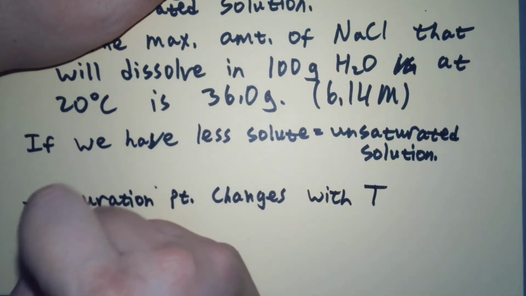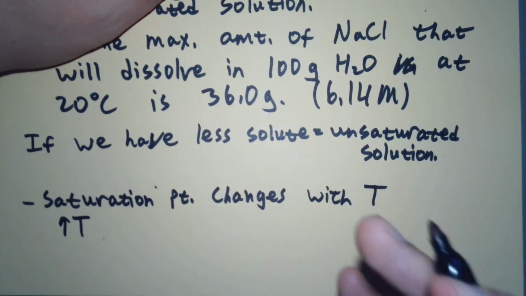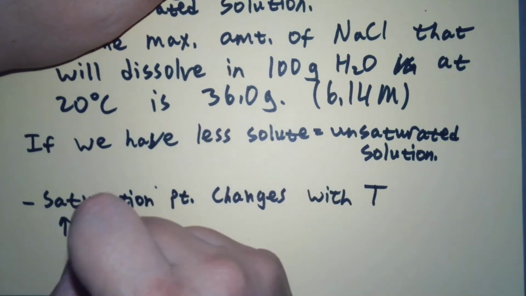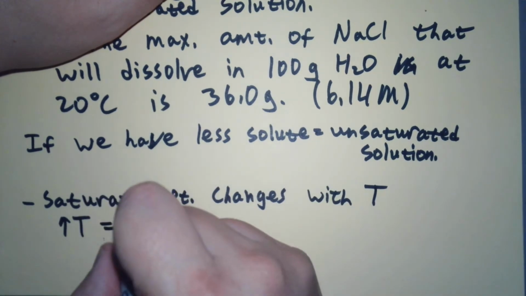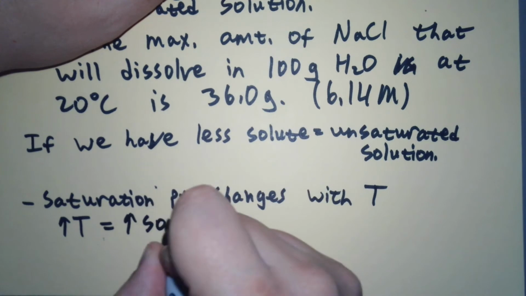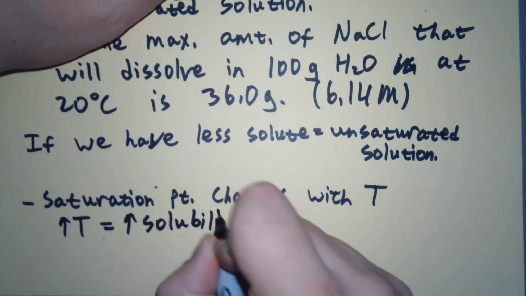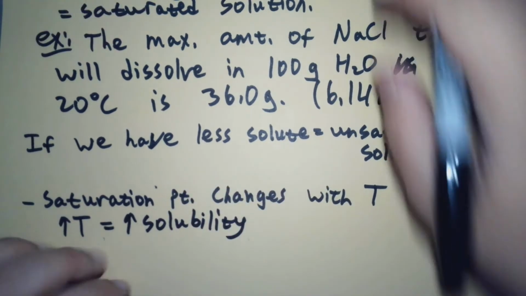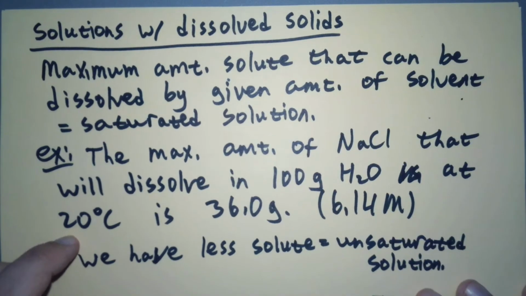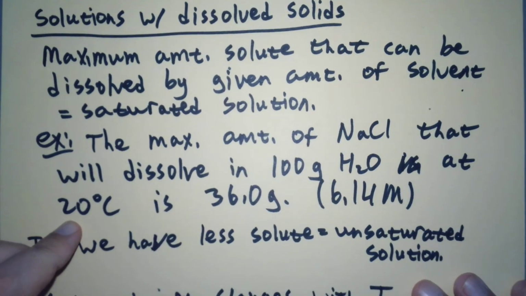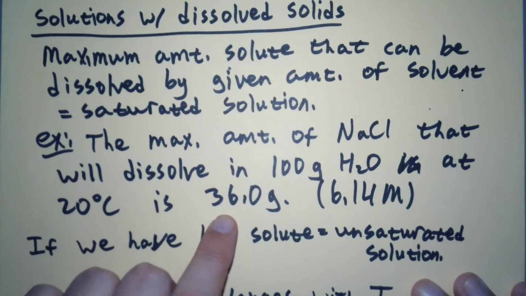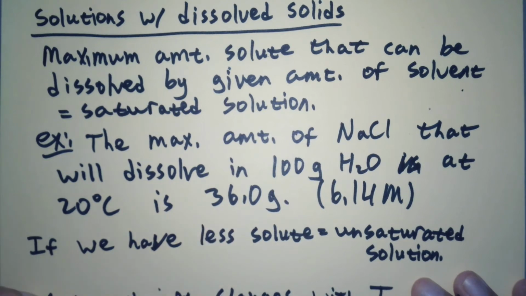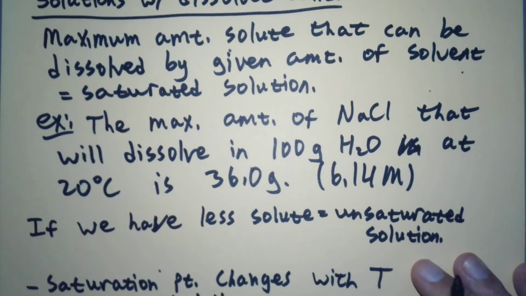So if we increase temperature for solids, this generally means that we're going to get an increase in solubility. Which means that if I heat up my water, I'll be able to dissolve more than 36 grams of NaCl. Now how much that changes depends on the substance.